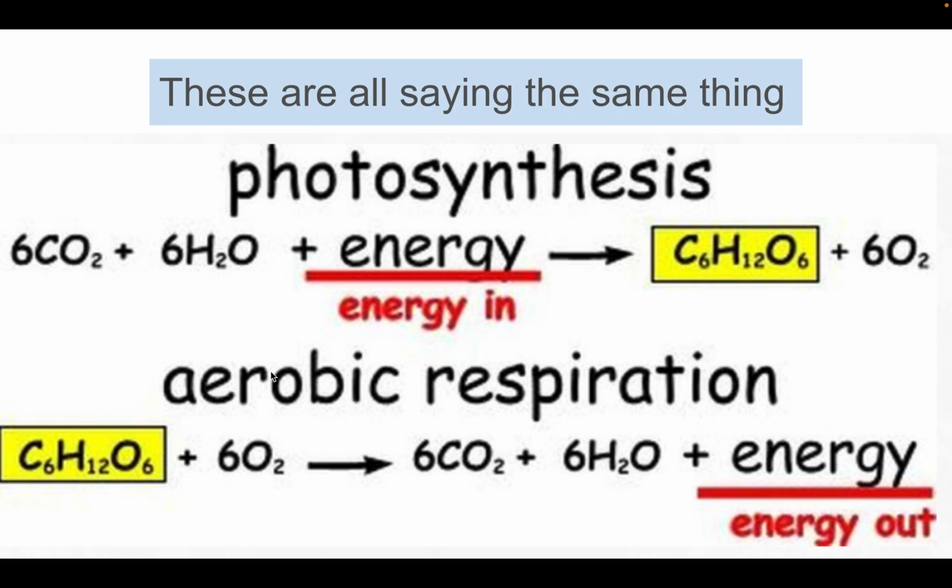So in this case, you are starting with the sugar and the oxygen, and then you end up with the carbon dioxide, the water, and the chemical energy on its way out. So we got energy in over here, energy out over here, but it's the same energy that's just been transformed. That's another way you might see it.